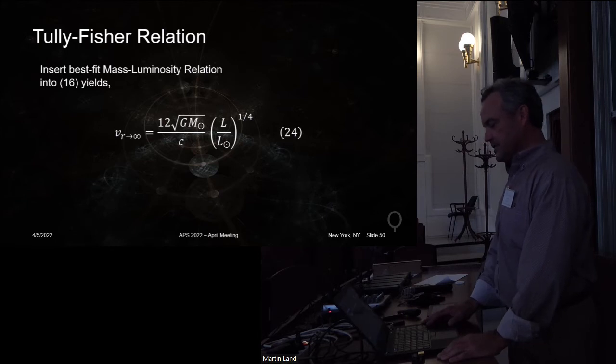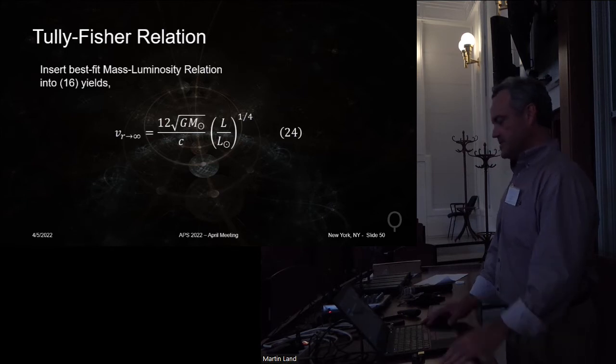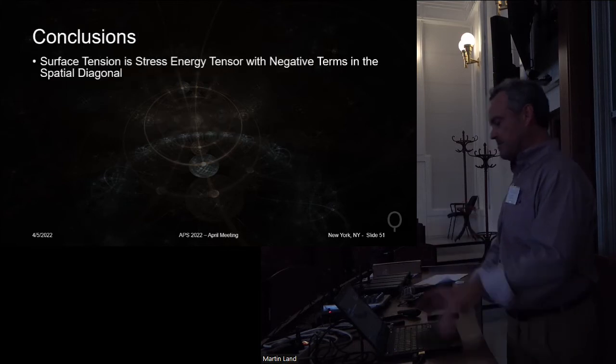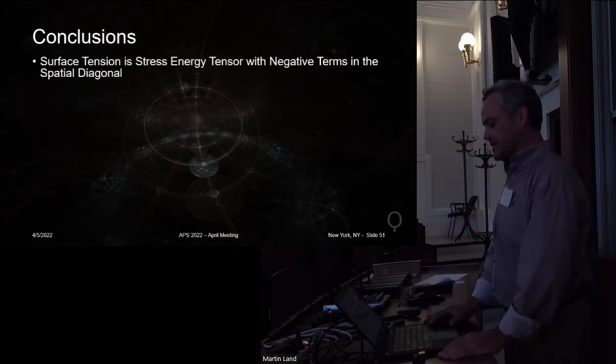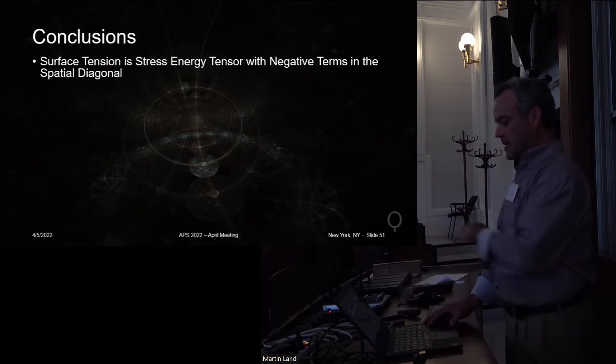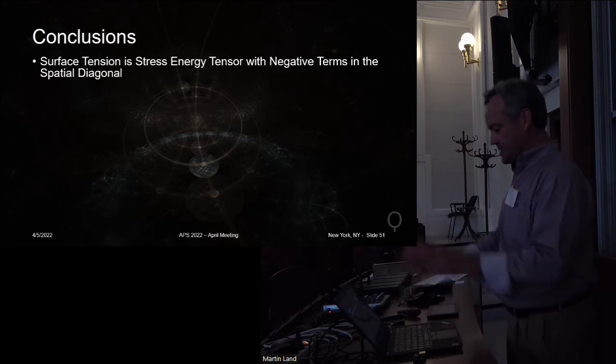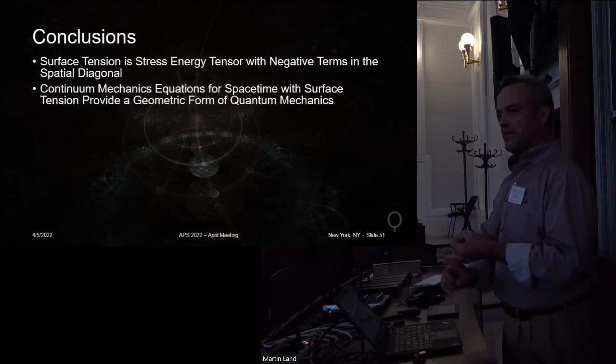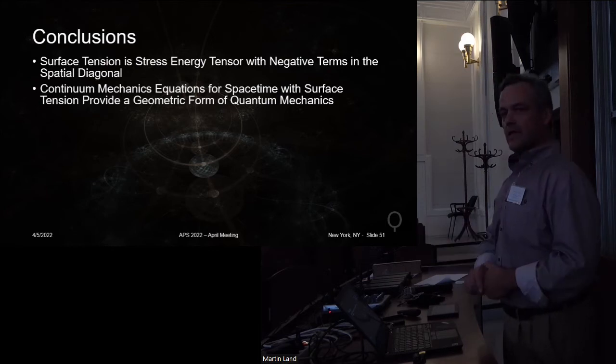Surface tension is simply a theory that you have negative terms in the spatial diagonal of your stress energy tensor, which balance the mass term according to the statistical thermodynamics of an organized system where things are organized in time. By the way, being organized in time also enforces causality and prevents faster than light travel. It solves a lot of issues in physics.